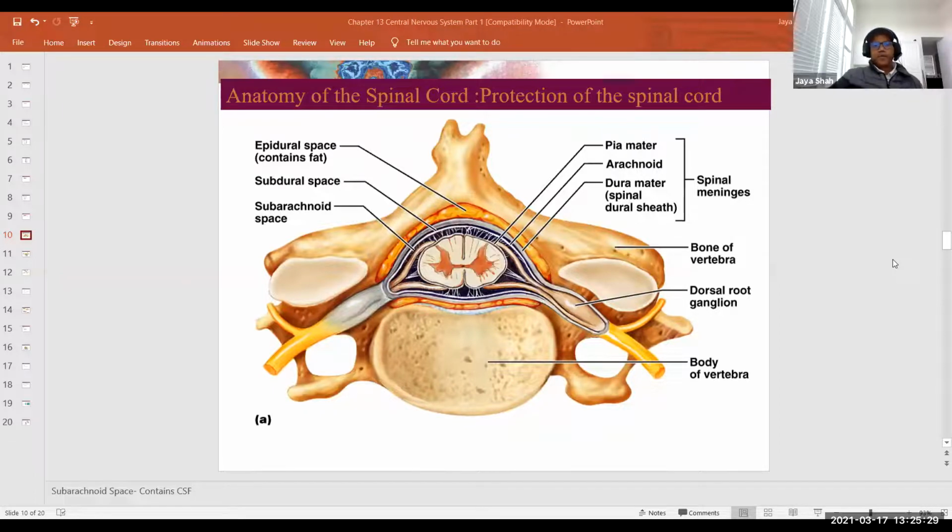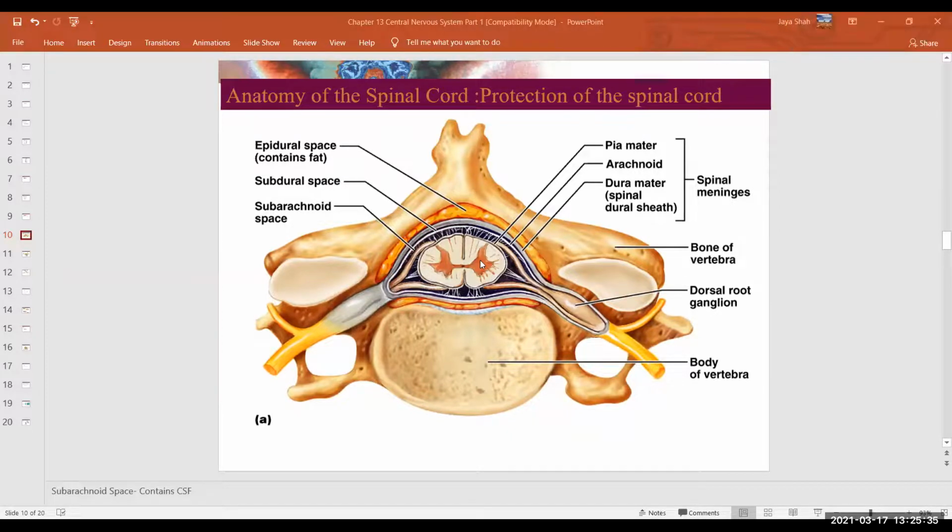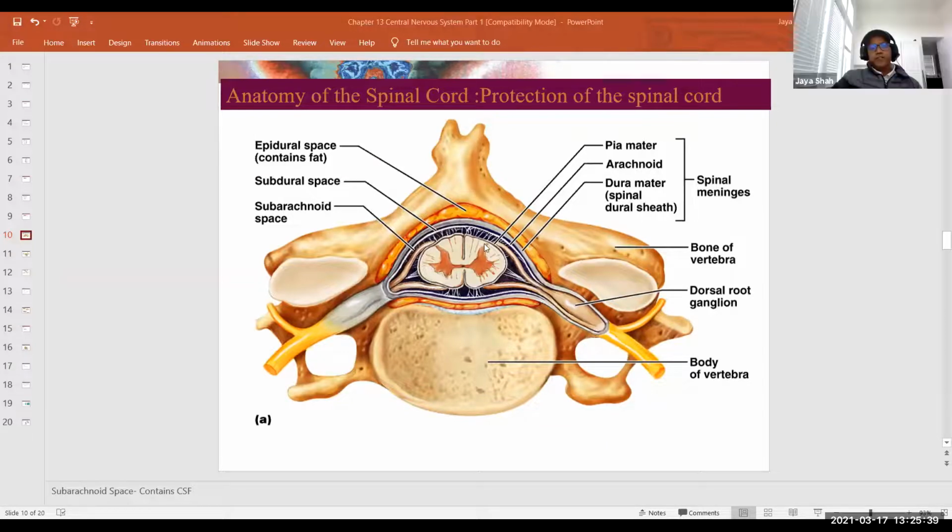Okay. So here in the center, this is the spinal cord. We have two halves of the spinal cord. You see here, this is the left half. This is the right half of the patient, not yours.